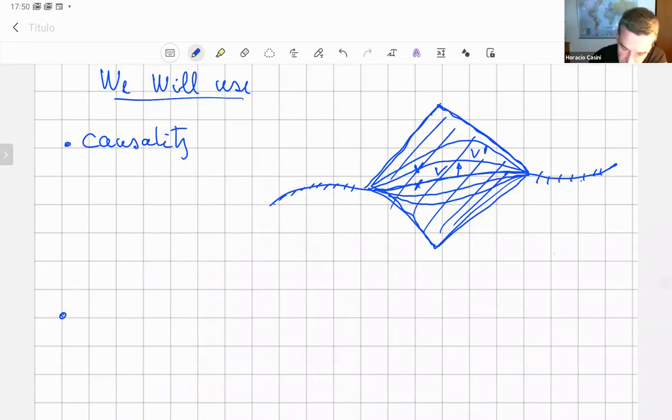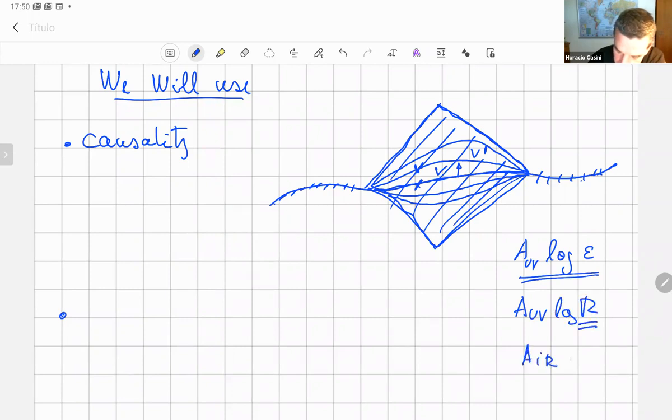Log epsilon will always be multiplied by A ultraviolet because it's divergent. But what changes is log R. So for large spheres it's like this, for short spheres it's like this. So you have to understand how it moves with R.